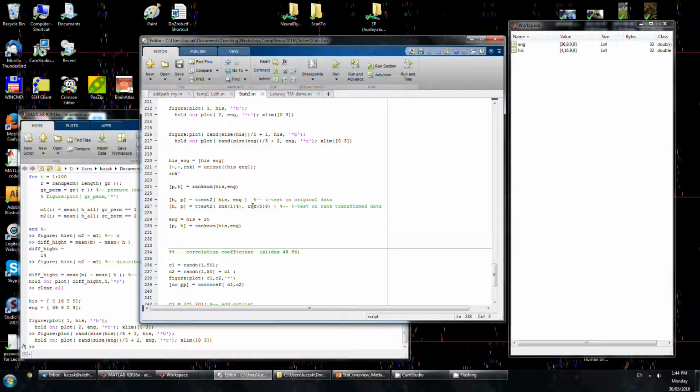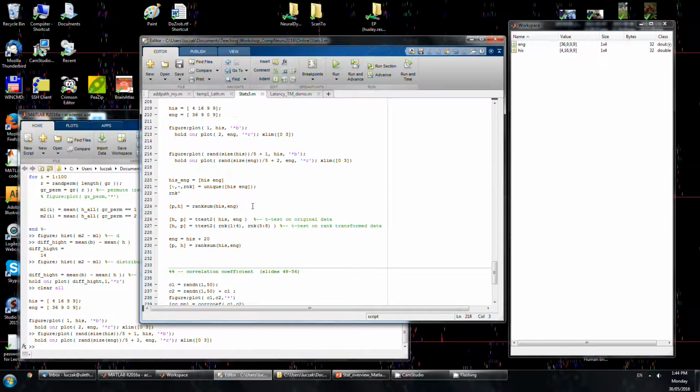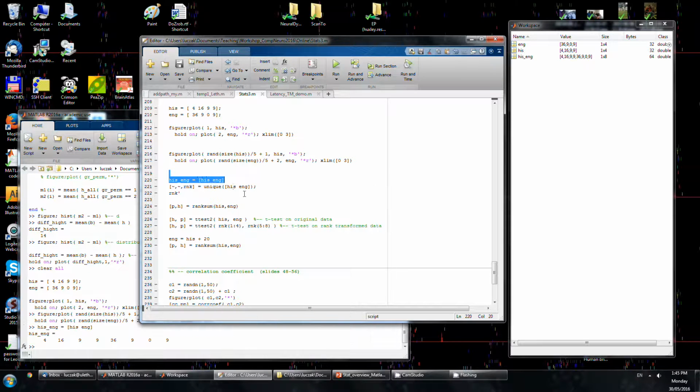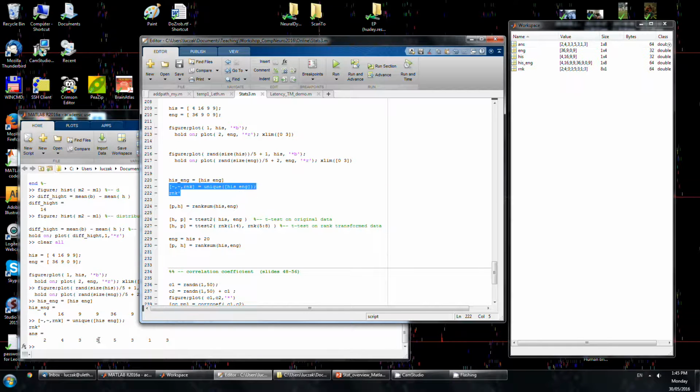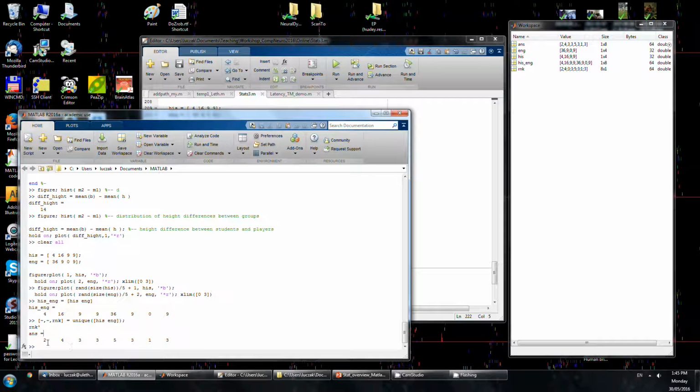So how to do this rank test by hand? We can put history and English majors in one vector, so we have one vector with both concatenated, and the unique command will change those values into ranks. If I plot it now, you can see that unique converted it to ranks.